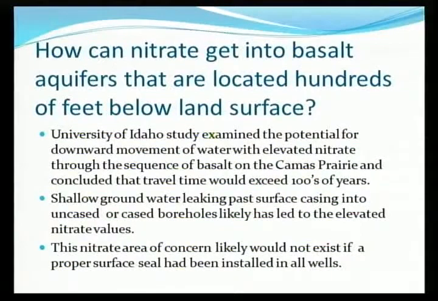In other words, it's not rational to conclude that water would simply move down through the basalt flows from near surface and get into the aquifer. Almost for sure, we have shallow groundwater leaking past surface casing into uncased or cased boreholes. That leaking water provides an avenue for the very shallow water just below the root zone, which has elevated nitrate. So my conclusion is that this nitrate area of concern likely would not exist if a proper surface seal had been installed in all of the wells.